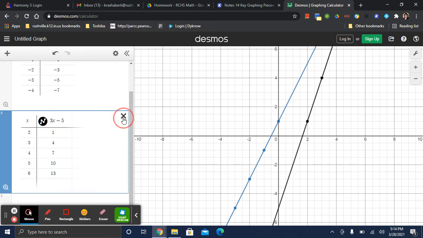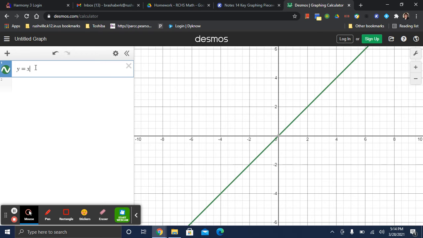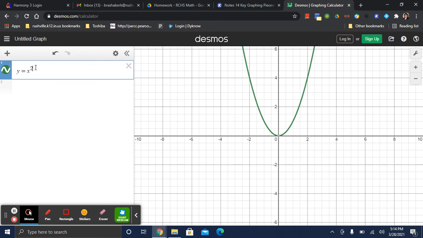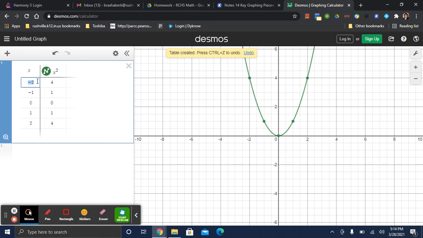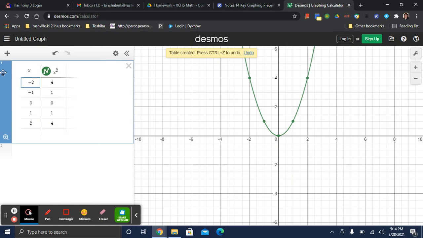I'm going to remove the 2 graphs that I have. And so the first one is y equals x squared. And look at a table for it. And we'll remember that we start with -1. So we want to go -1 and then go smaller. So -2, -3.